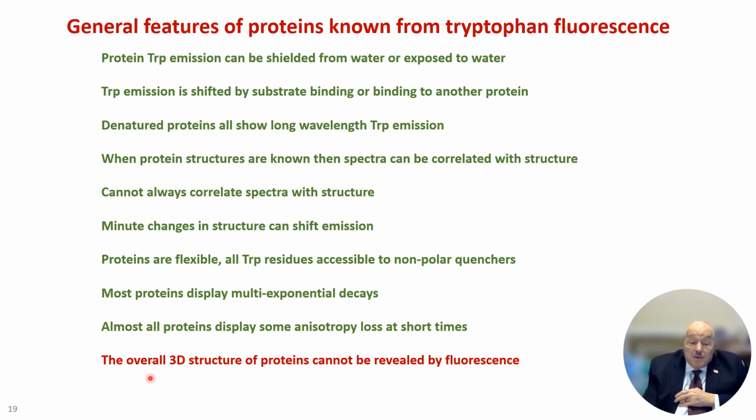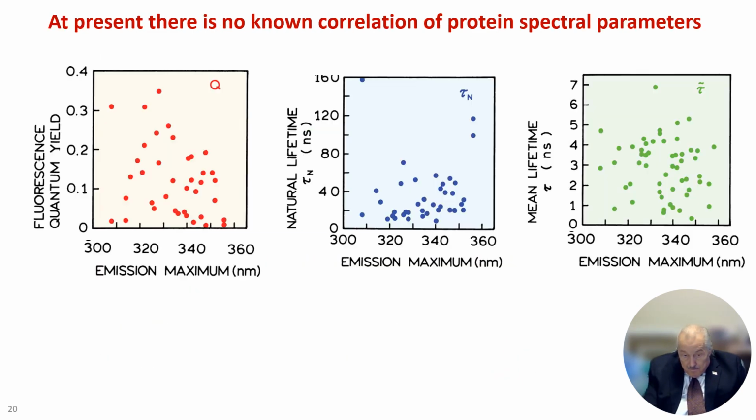I guess the bad news here, which I put in red, is that the overall 3D structure of the protein cannot be revealed by fluorescence. This I consider to be bad news.